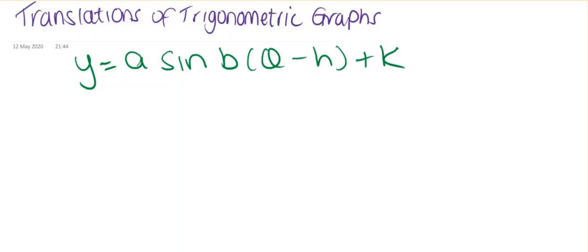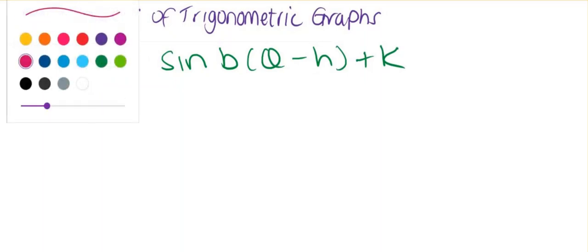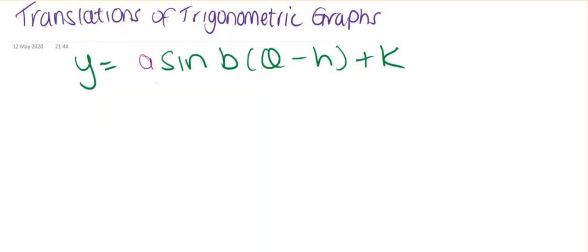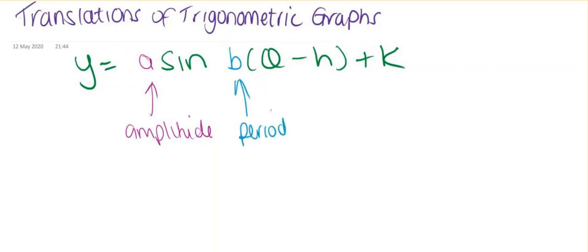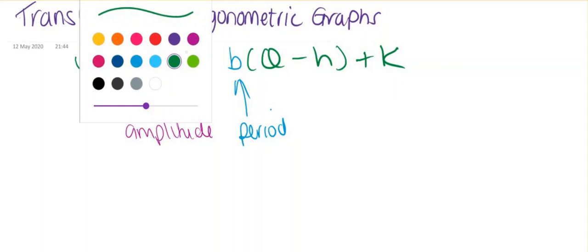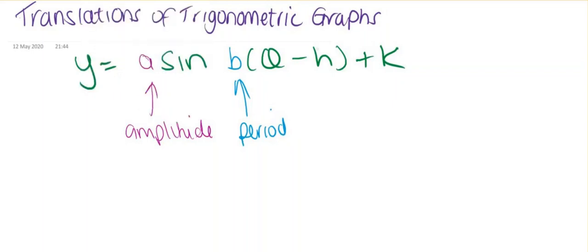If we change this, a is the amplitude, and b is the period that we have, and h is the phase shift.